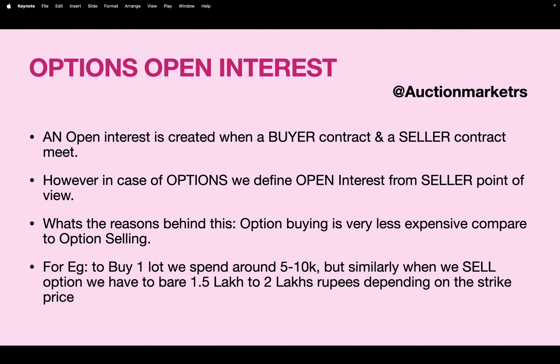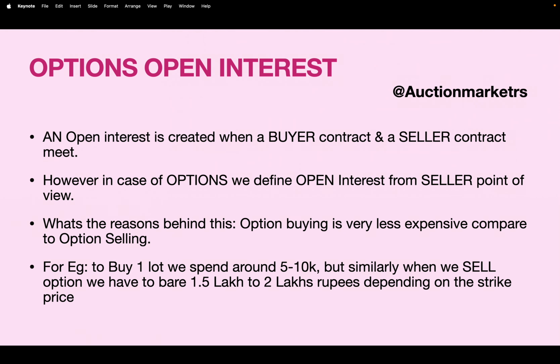However, in the case of options, we define open interest from the seller's point of view. What exactly does this mean? Whenever we buy options, they are less expensive, and whenever we sell options, they are more expensive.